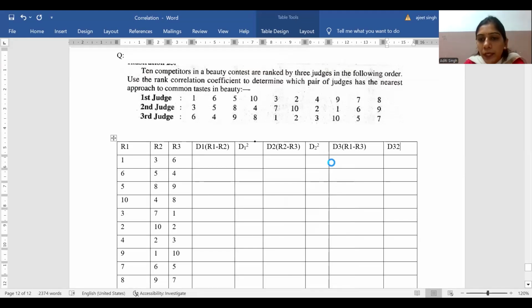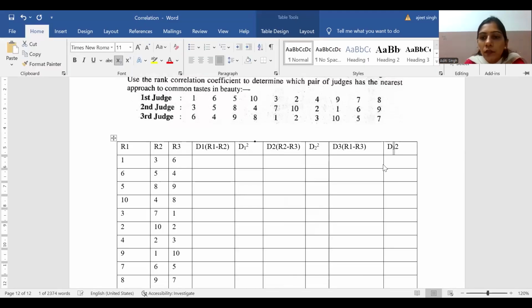So when we have three variables, especially in calculating the coefficient of correlation through the ranking method, we have to calculate the difference of all the variables among each other.